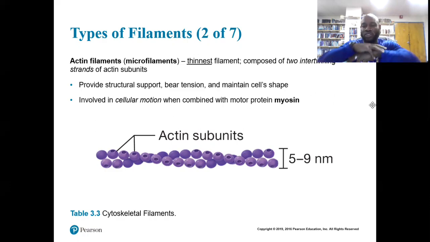Actin and myosin in muscle cells, when they contract, allow your muscles to contract and expand. We'll talk about those when we get to the chapter on the muscle system. But the actin filaments provide structural support, bear tension, maintain cell shape, and are involved in cellular motion when combined with the motor protein myosin. That's the thinnest filament.